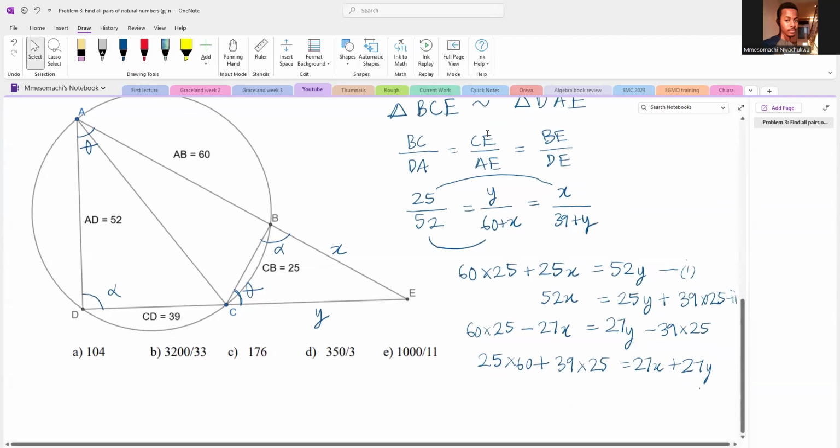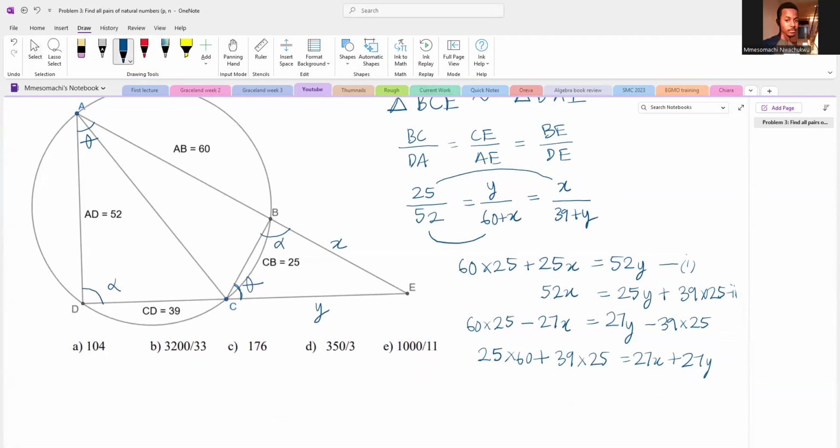So we can factor out 25. This is going into 60 plus 39, that is 99. And here we can factor out 27, so 27 into X plus Y. So we have that X plus Y is equal to 25 times 99 over 27.